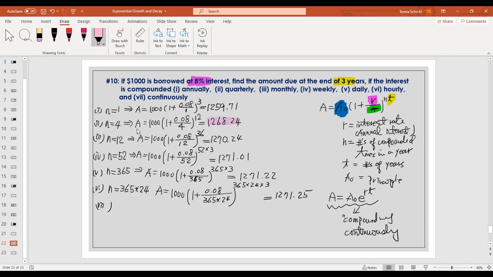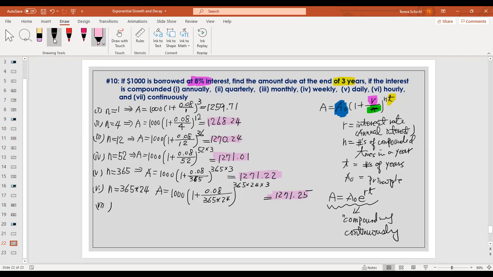Then from quarterly to monthly, you only make about $2. From monthly to weekly, the total amount only increases about $1. From weekly to daily, it's only 20 cents. Then from daily to hourly, the increase is even smaller, only about 3 cents.